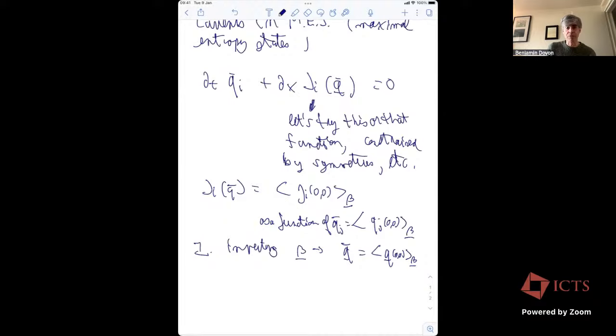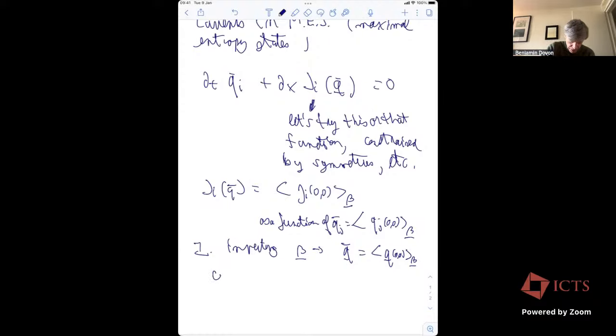This is a function from beta to Q bar. Given the beta, given the state, I can calculate all conserved densities: the average density of particles, of energy, and of momentum. But here, what I want for the currents is not a function of beta but a function of the Q's. So I need to invert that function. I need to write beta as a function of Q.